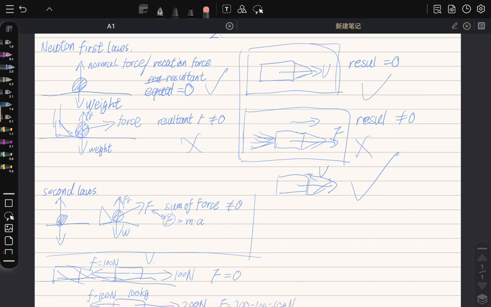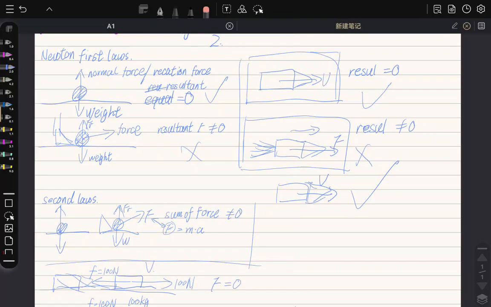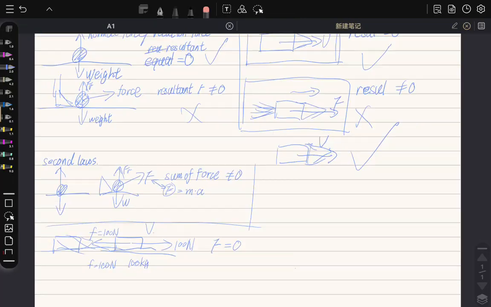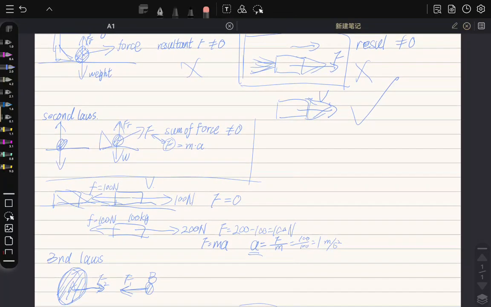When the engine is off, the resultant external force is equal to 0, and the rocket remains at constant velocity again.